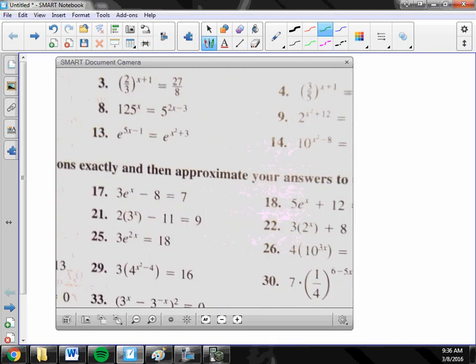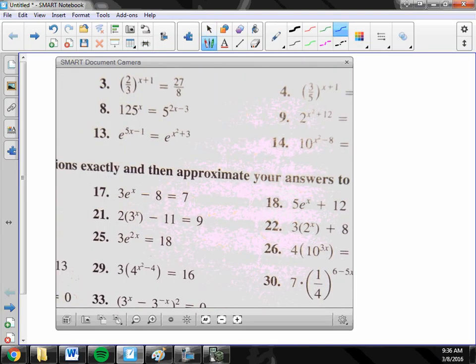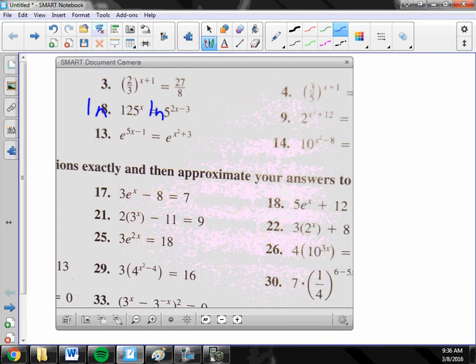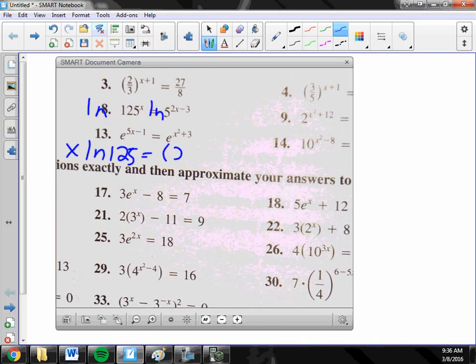Okay, this one's a little bit harder. Notice we have variable exponents on both sides. So I'll ln both sides. x ln of 125 is equal to (2x minus 3) ln of 5.